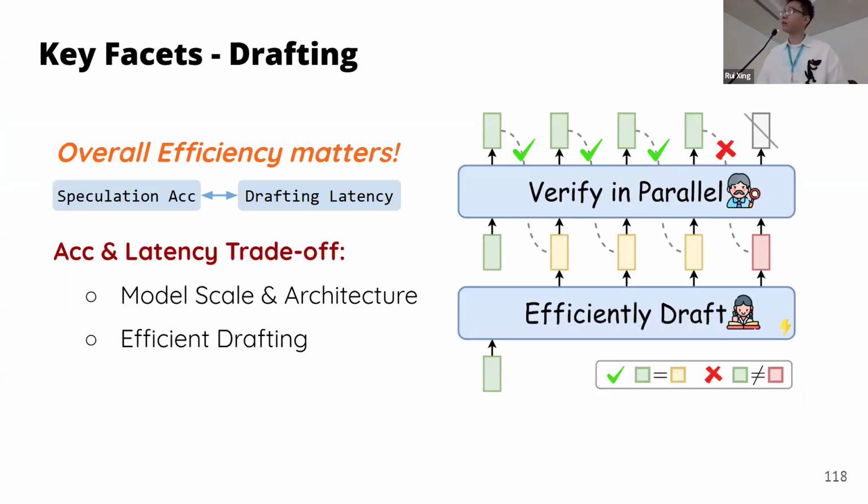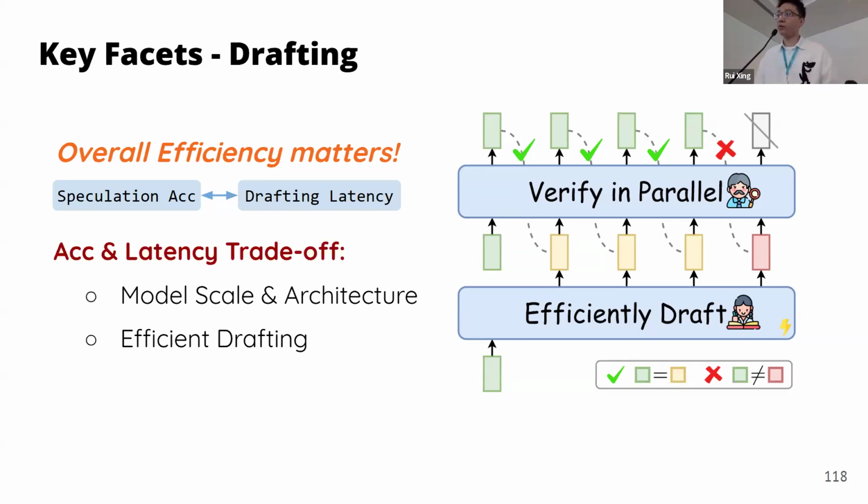Okay, and considering this paradigm, we would like to note that the ultimate goal of speculative decoding, our final aim, is to accelerate the inference, right? The overall efficiency of this paradigm. So this is the goal that we should always keep in mind. To achieve this, we aim for a high speculation accuracy.